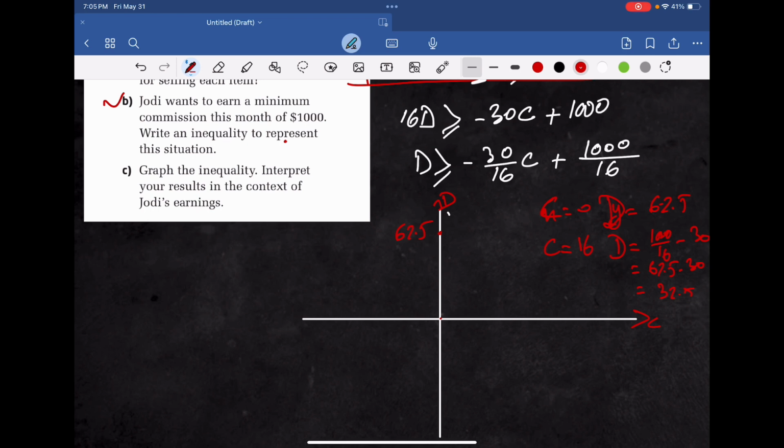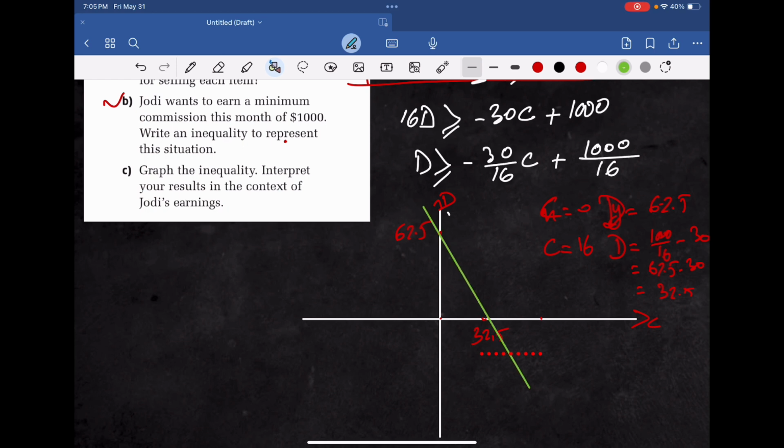So suppose this is 62.5, it will be here 32.5. My line will be drawn like this.